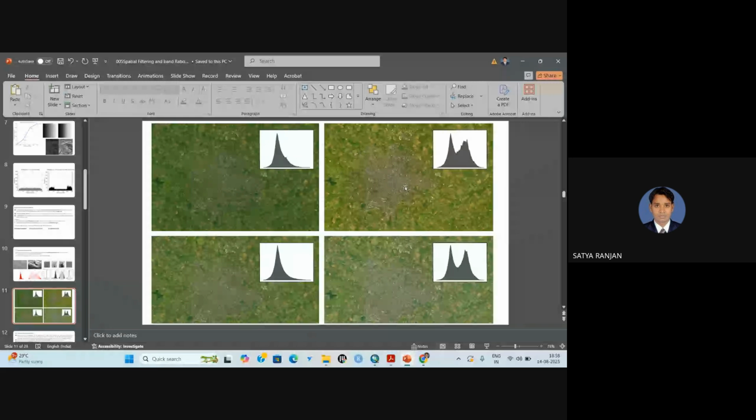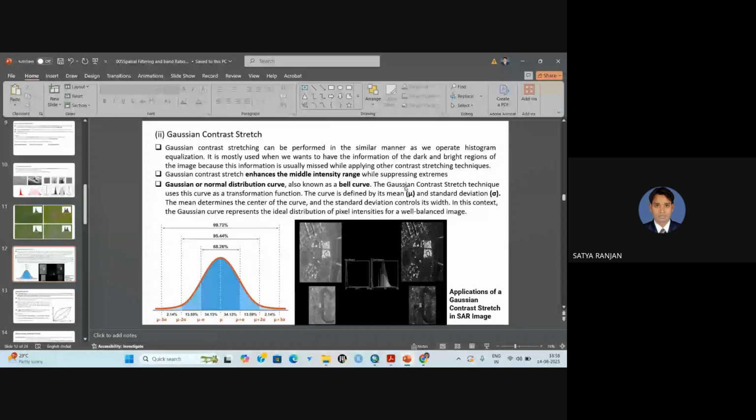The graph shows the different pixel arrangements, so this is the original arrangement of the pixels in picture A.